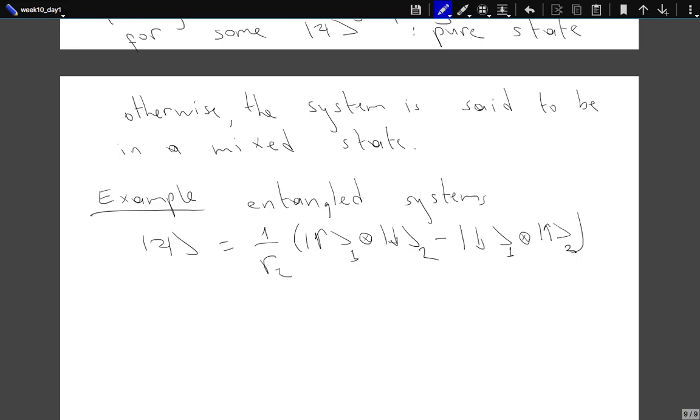With a probability of half it is spin up, with a probability of half it is spin down. So if you want to study only spin 1, if you don't know anything about spin 2, the only thing you can do is use some density matrix to describe its properties. So in this one, spin 1 is a mixed state.